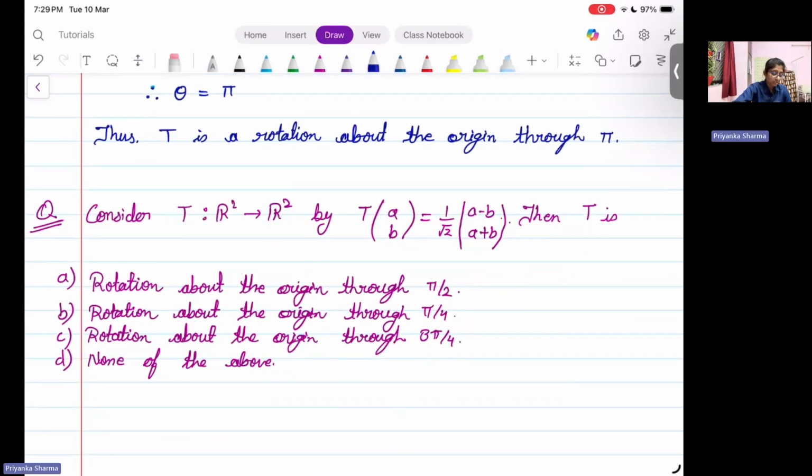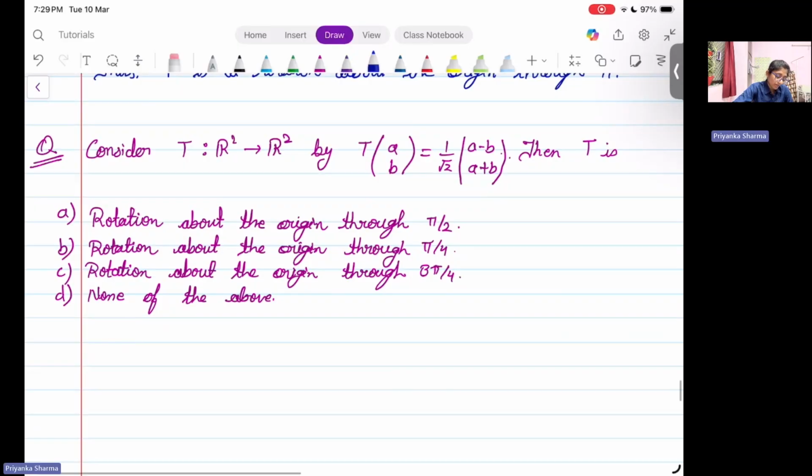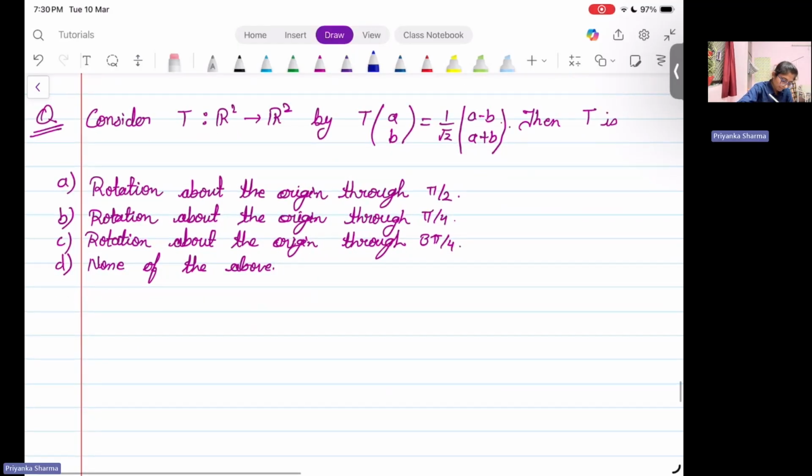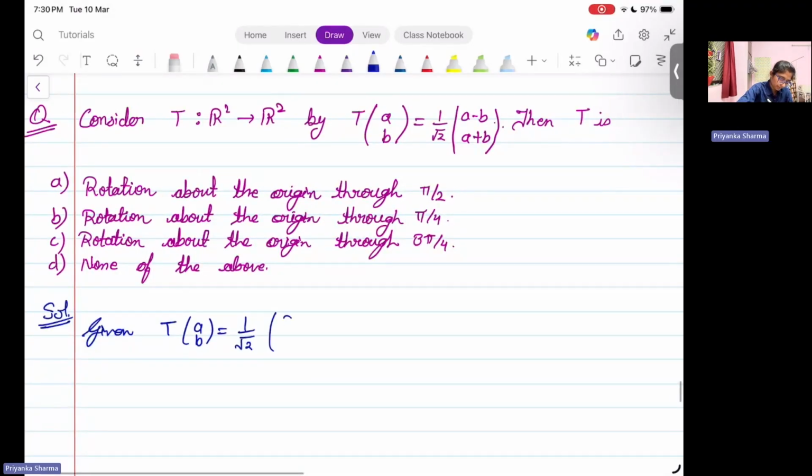This is the next question. We have another map given by this equation, and again we need to check the type of it. The given map is T(A, B), which is 1 by root 2 times (A minus B, A plus B).